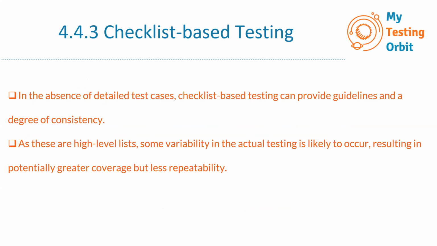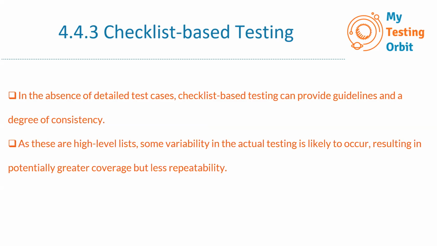And in the end, the last two points are: in the absence of detailed test cases, checklist-based testing can provide guidelines and a degree of consistency. We covered this already, that if we don't have test cases, then with the presence of a checklist, we can have some kind of consistency.